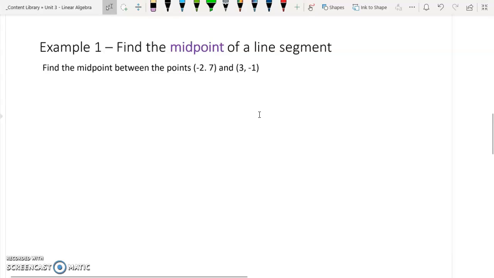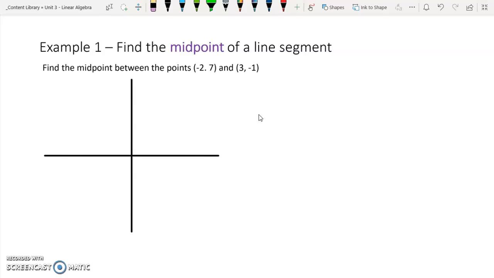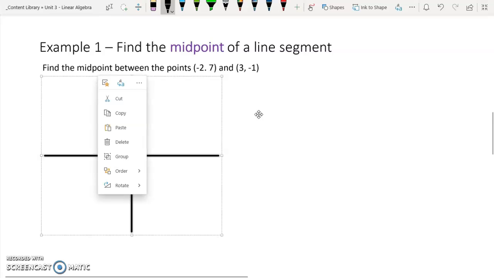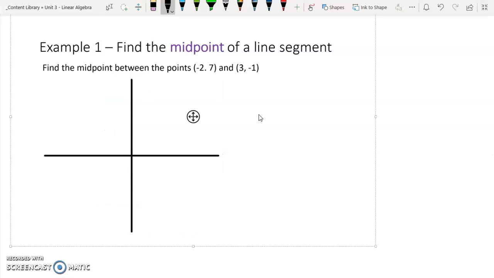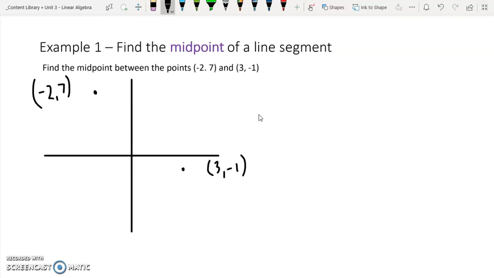Now, to find the midpoint of a line segment, we have the same graph here, so I'll draw it up again. Same 2 points, (-2, 7), so somewhere up here, and (3, -1).